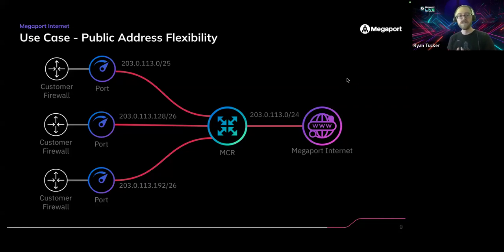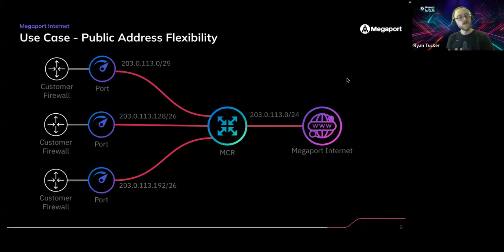That gives you the ability to more flexibly divide public address space and more flexibly route things around. As you can see in the diagram, this would allow you to subdivide that public /24 into multiple smaller subnets that you can use internally for your different data centers. This has been a pretty popular use case that we've seen.